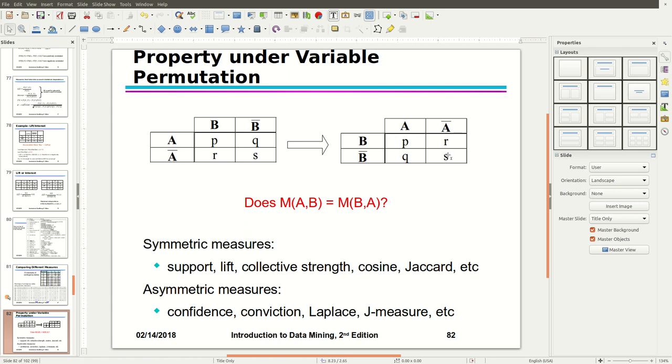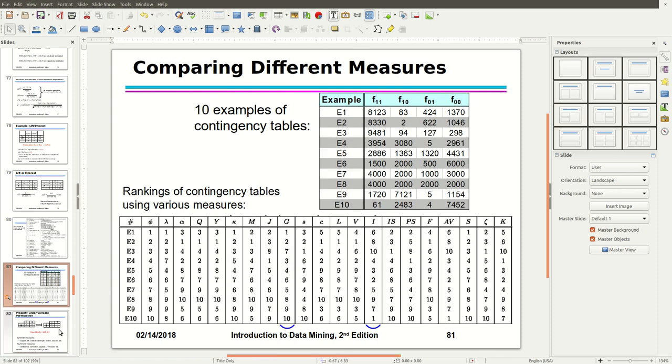Just flip it, as you can. Property under variable permutation. So we have changed, and we look at now the numbers back again, these numbers.